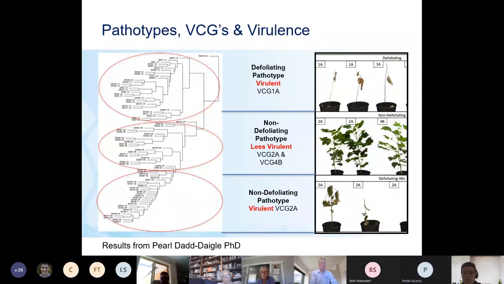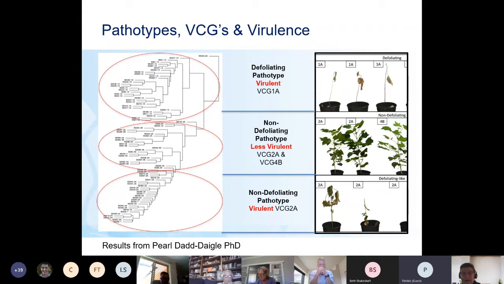What I would like to point out in this slide is on the left-hand side, we have the molecular typing. On the right-hand side, we've got images of the plants that were conducted, and this is a glasshouse trial. So we know, as Linda has already pointed out, we have in Australia defoliating pathotype, and these are usually described as virulent, especially in other countries.